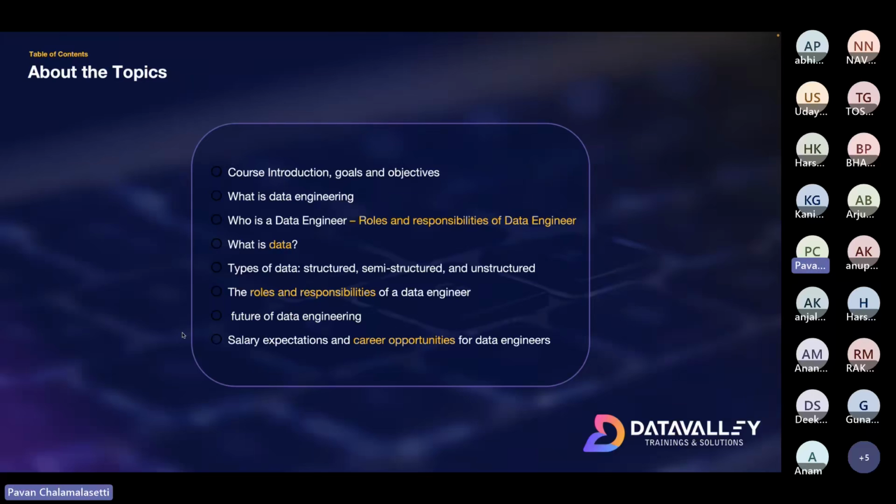Nowadays we are heavily involved in data because of our phones, because of everything. Like when you make a payment with Google Pay or UPI, whatever you're using, you're making a payment from your phone to somebody else, so you're basically sending data. The sender information is data, the receiver information is data, and the transaction amount is data.